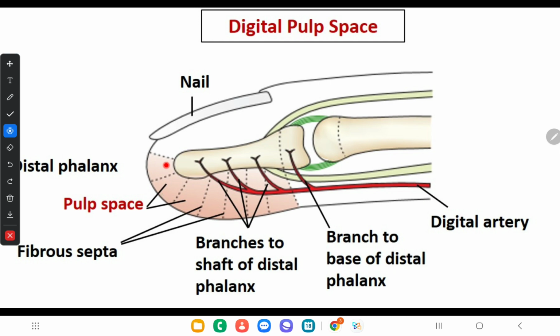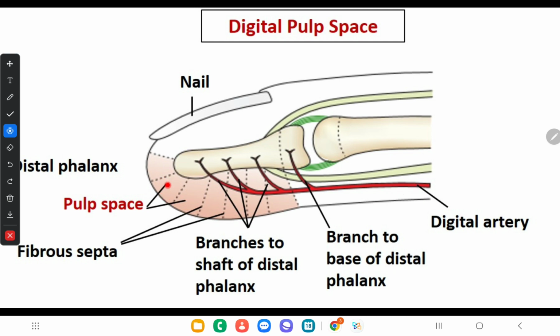This tight packing of each of these compartments is responsible for the severe pain of a septic finger. That means there is very little space in each compartment, and they cannot expand when there is inflammation or edema in this space.